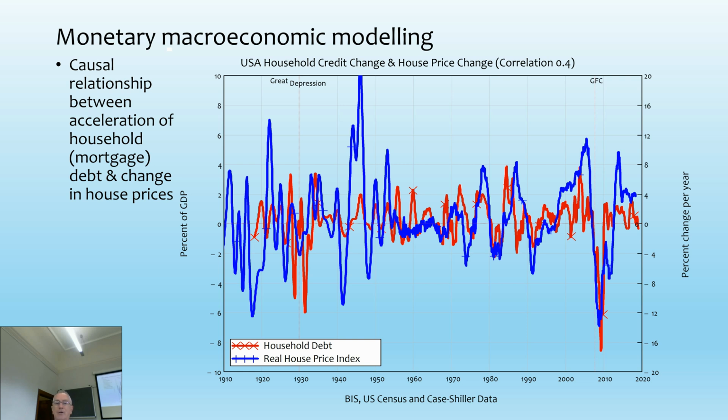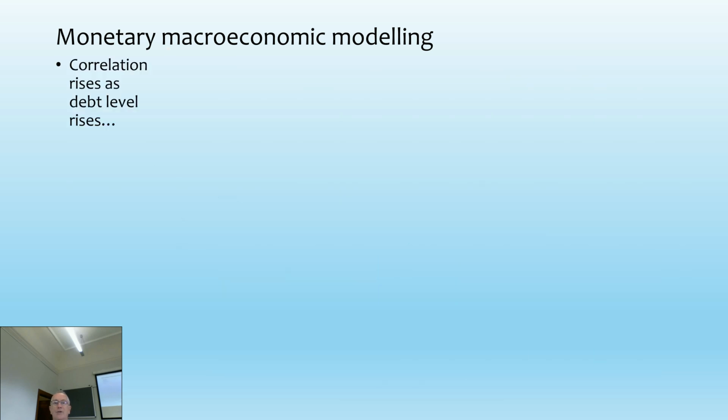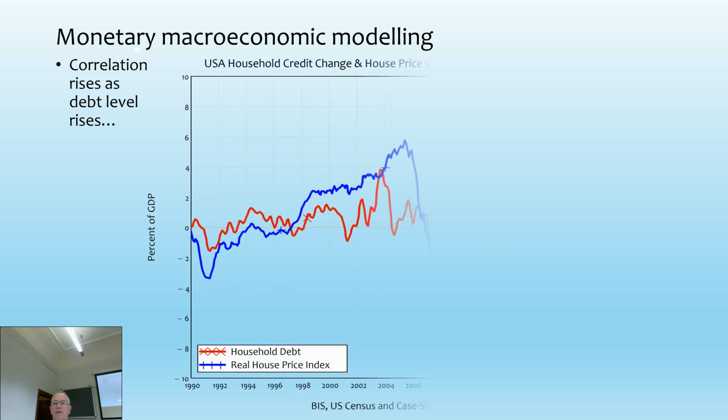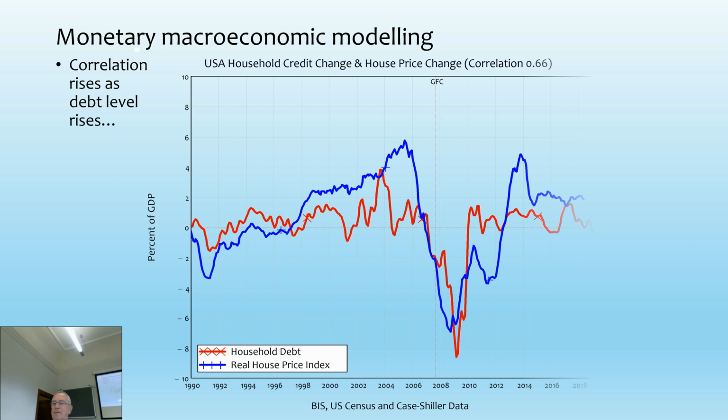And the correlation coefficient over the last 110 years is 0.4, which is stronger again than I find even for the unemployment data. Now, when you take a look at the last 30 years or so, the correlation coefficient is 0.7. So this is the strength of the data the Neoclassicals are ignoring.